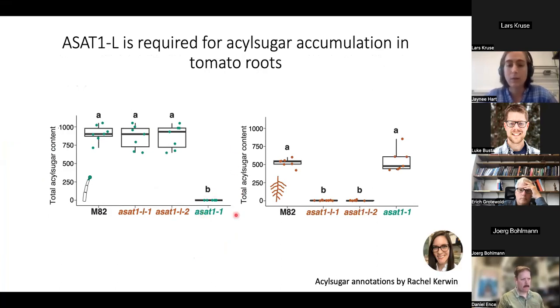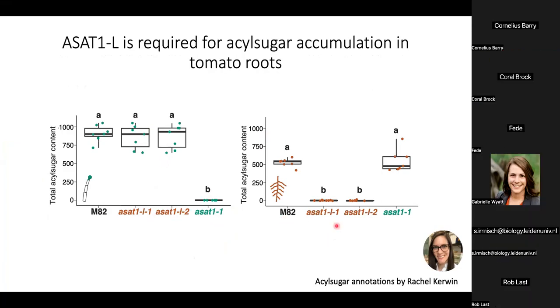But knocking out that ASAT1 has no effect on the acyl sugar content in the roots. The opposite is true for the ASAT1-like enzyme that's expressed in roots. It has no bearing on the trichome pathway, but when you knock it out, you no longer see acyl sugars in tomato roots.